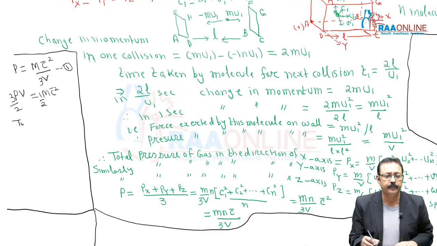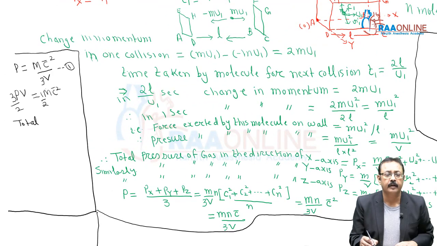The total kinetic energy is equal to 3 by 2 PV. They can ask the kinetic energy of gas per unit volume. What should it be?